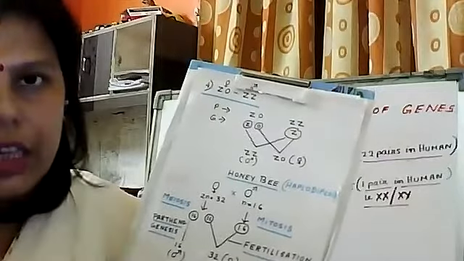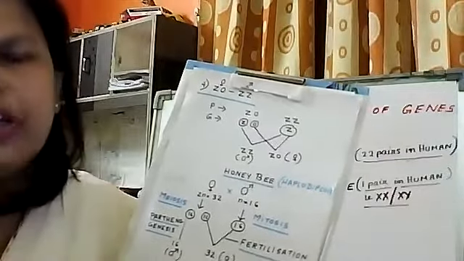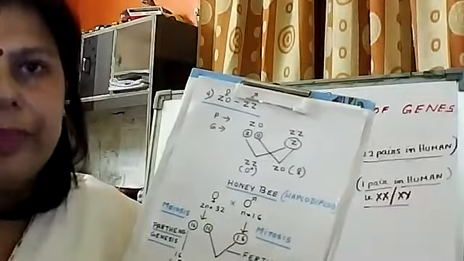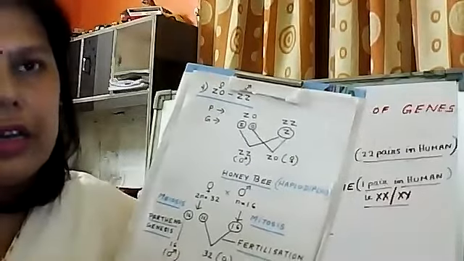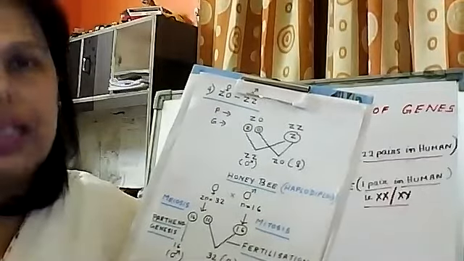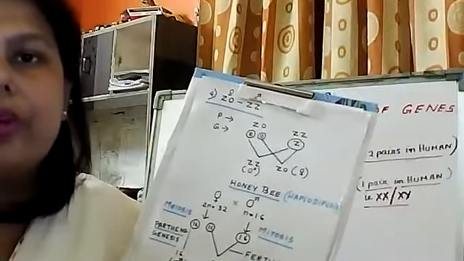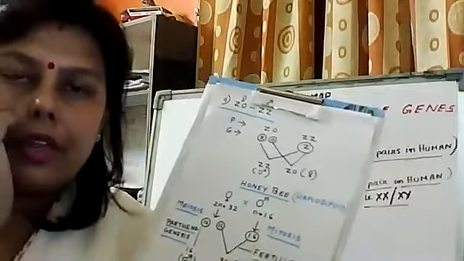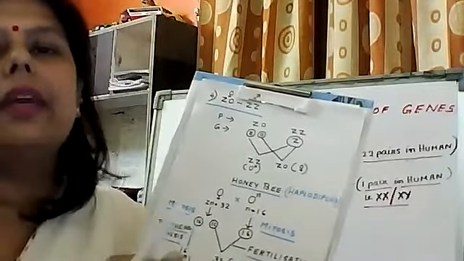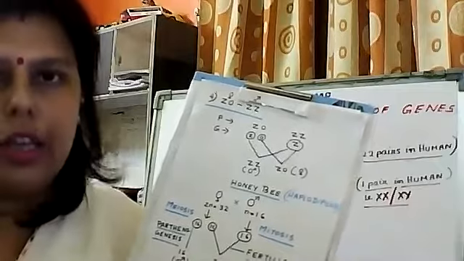Reproduction is of two types, asexual and sexual. In asexual reproduction, a single individual is responsible to multiply. But in sexually reproducing organisms, two different individuals meet and ultimately give rise to a new individual.